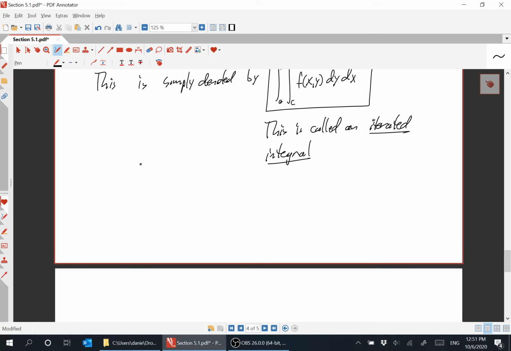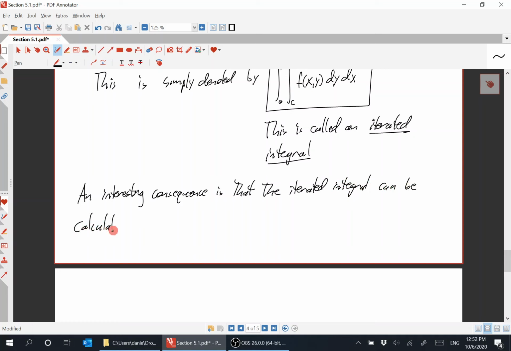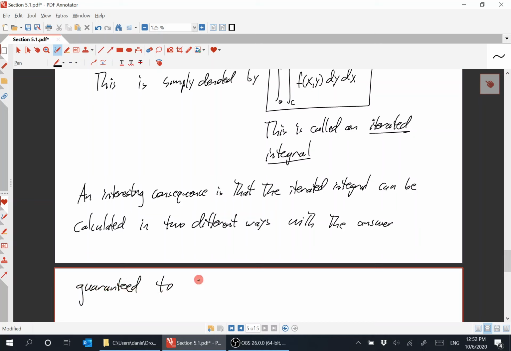Okay, and then one very interesting consequence is that the iterated integral can be calculated in two different ways, with the answer guaranteed to be the same for each.